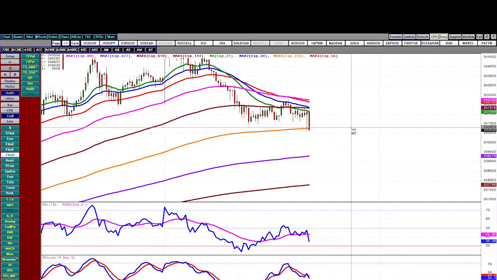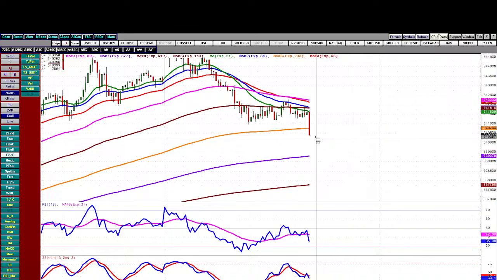Then the next one would be 3390. I think it's already coming to 3400. Okay, so like just now I told you, I don't know whether anyone managed to sell at 16. So if you have sold it, then you are lucky, and you can exit at 3400.